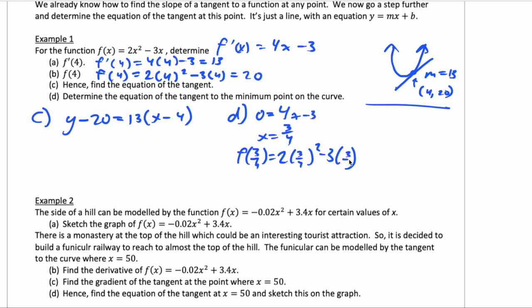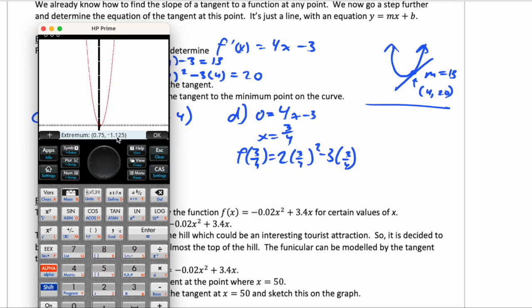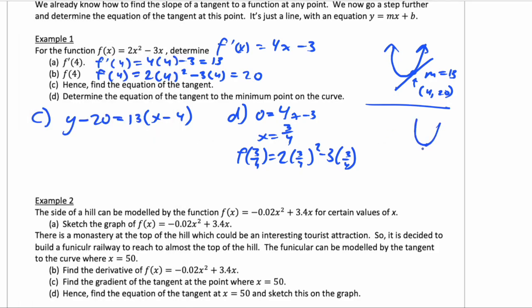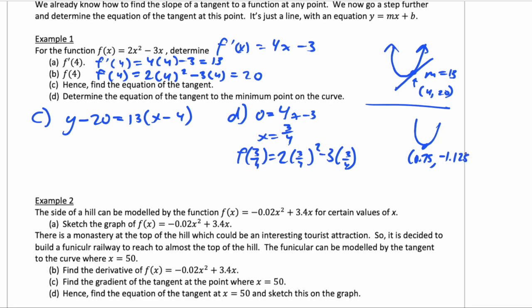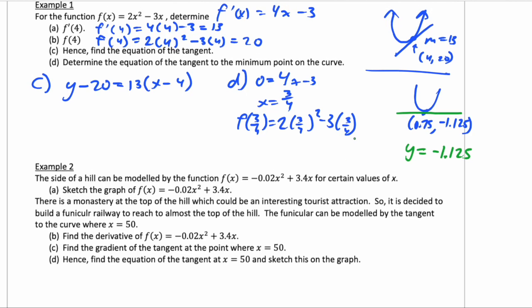So we substitute in 3/4. Anyway, the calculator gives it for us. It's 0.75, negative 1.125. So the equation of the tangent here is just a horizontal line. It's going to be y equals whatever the y value is at that point. So it's y equals negative 1.125.